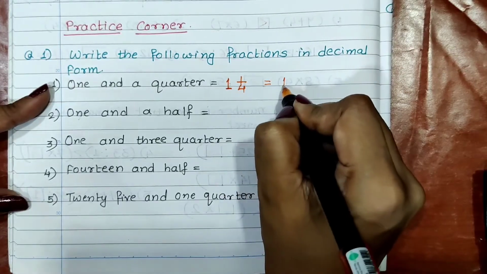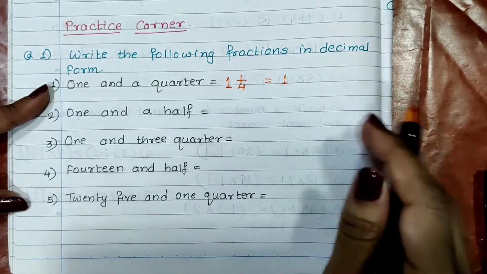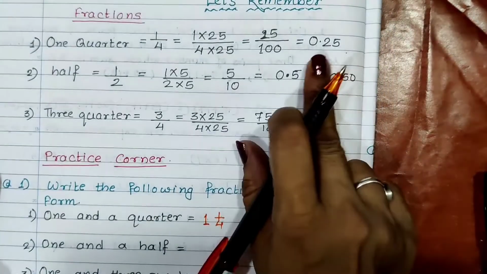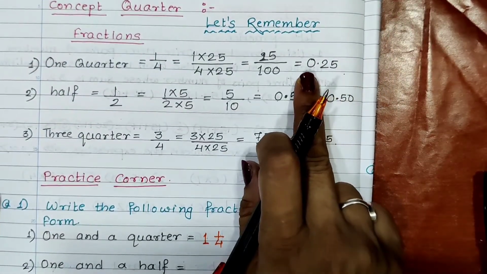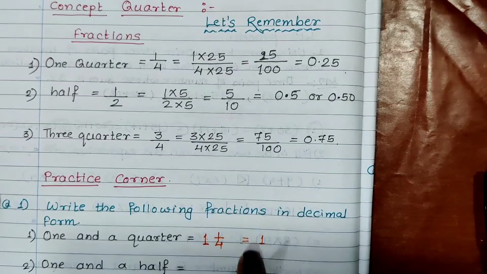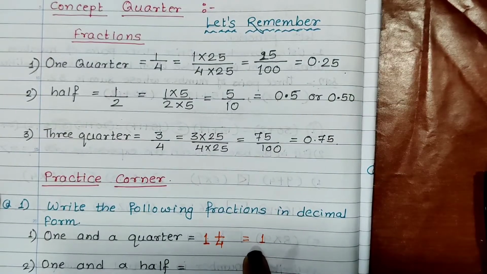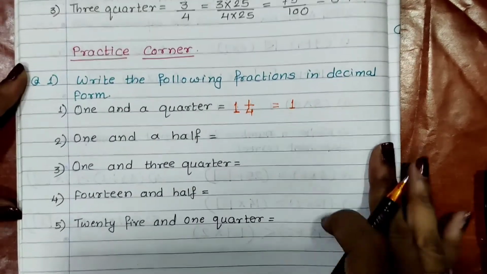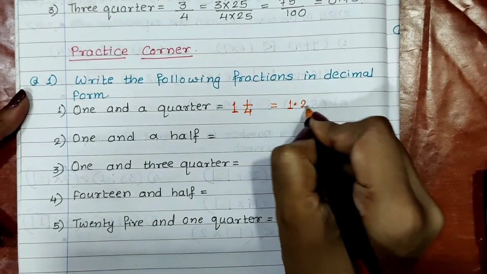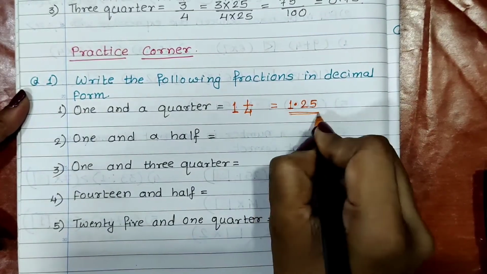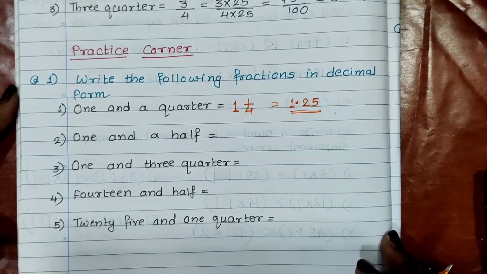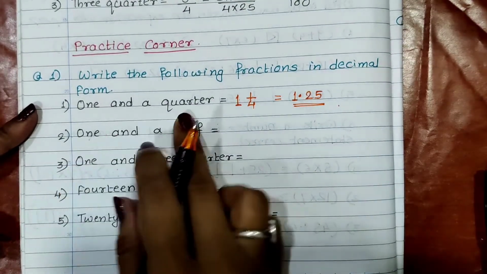This 1 we write as it is, and 1 upon 4 can be written in decimal fraction as 0.25. So in place of 0 we are having 1 here. So we will be writing 1.25 as our answer. This is the decimal form of 1 and a quarter.